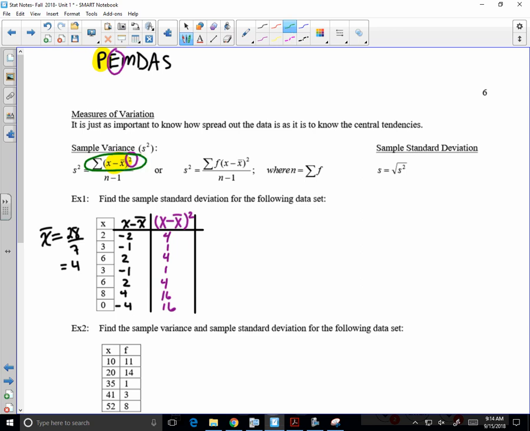Right? Because in a fraction, fractions themselves form a certain type of grouping. So that's kind of like a different sort of parentheses. But basically, I'm going to take the sum of all my x minus x bar squareds, which is just basically telling me to add this column. 32, 36, 37, 41, 42, 46.